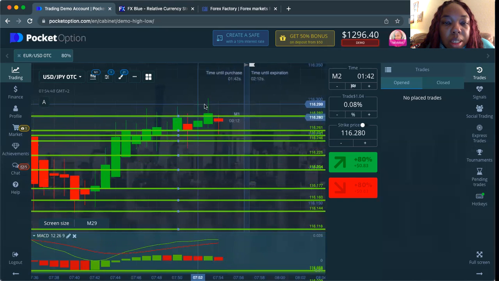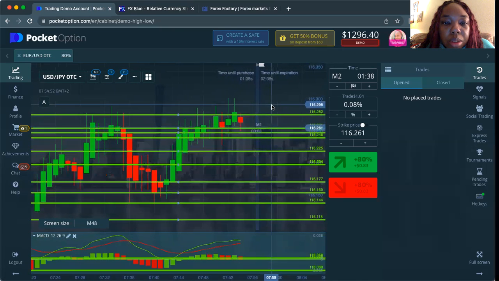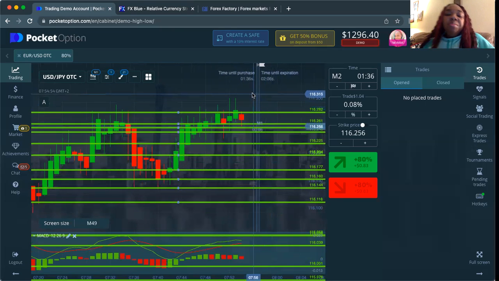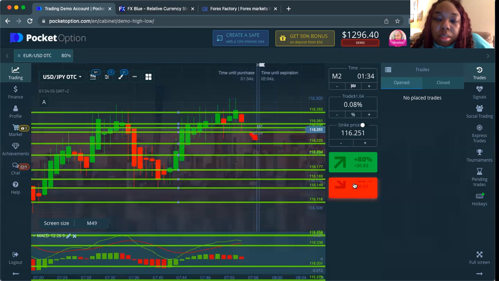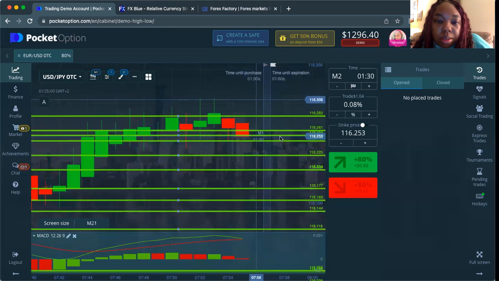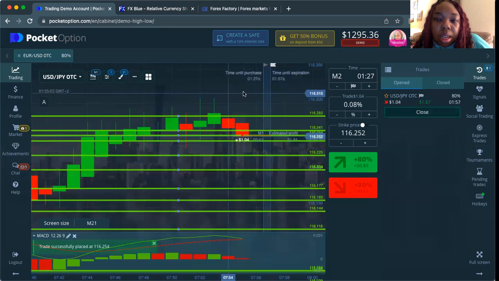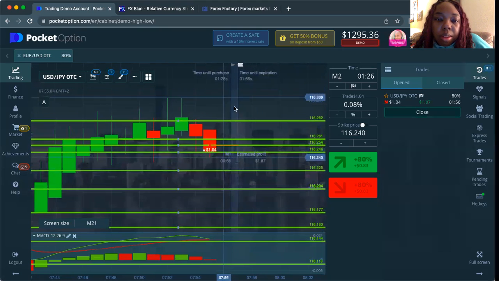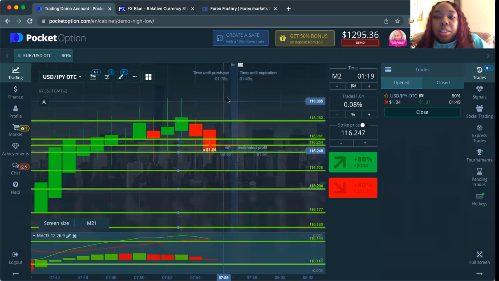Well, I would have marked it here, okay, y'all, because this is another important area. I'm having trouble trying to mark at the moment. So that's a way I could have entered for the sell that I was waiting for. Now I'm going to go ahead and enter. I think the sell that I was waiting for is about to happen. It's a matter of waiting. I made a hasty decision.